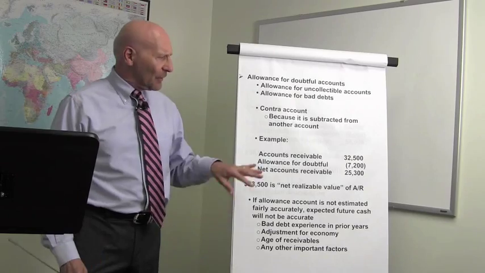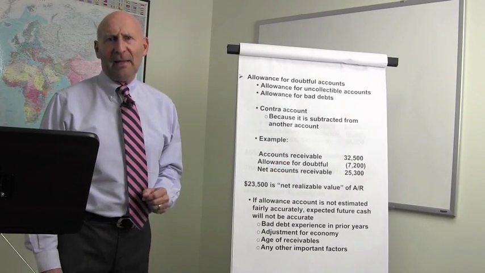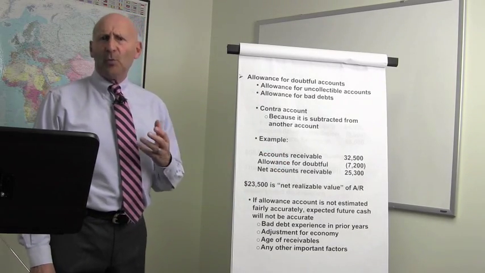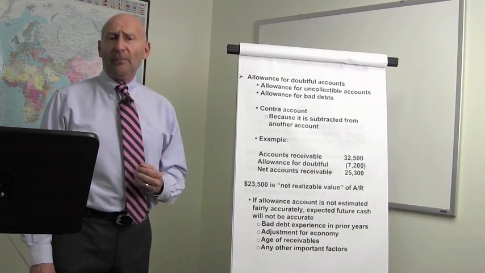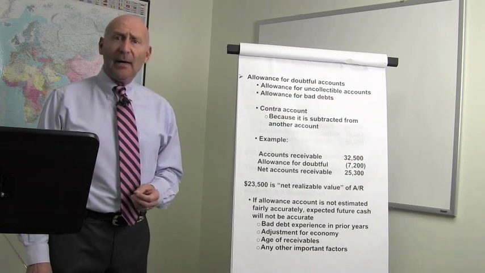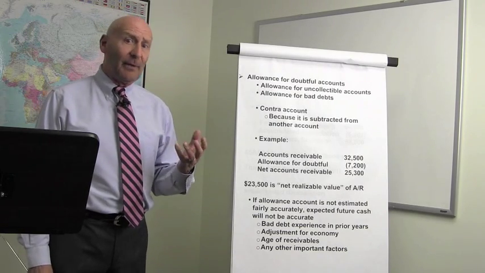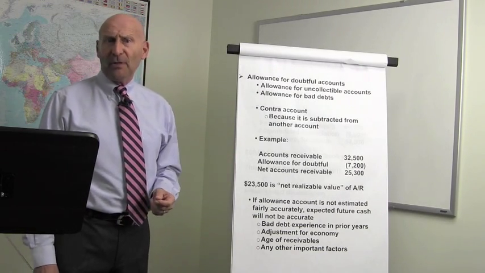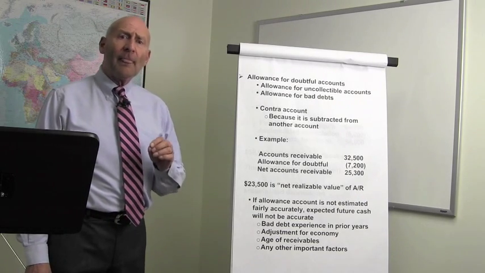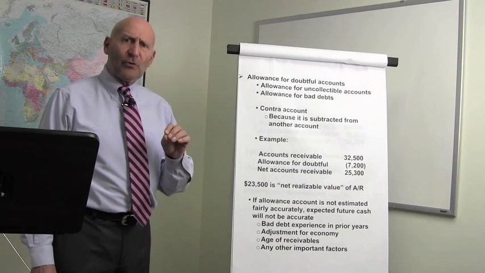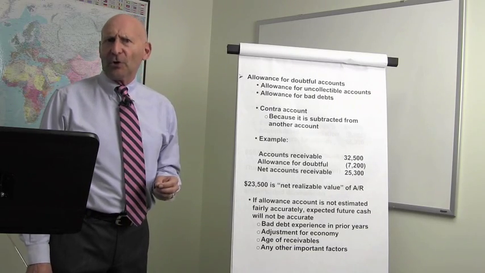Now, what's the purpose of putting something like this on the balance sheet? Well, it's so any reader of the financial statements, which would be the owner, your client, it could be a vendor, it could be a banker, some other type of lender, can know the true financial picture of this particular company.